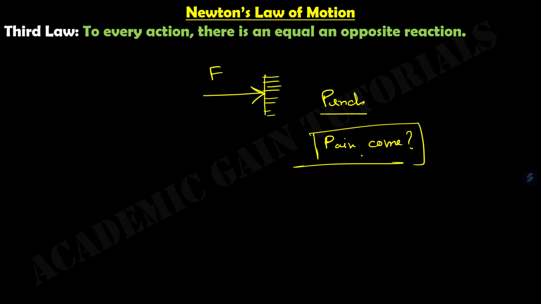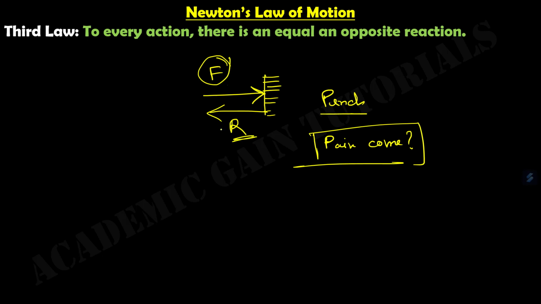When we try to find this out, we find that when we push with force F on that wall, the wall also gives us an equal reacted force R on our hand. Because of this reacted force, I feel some pain in my hand.